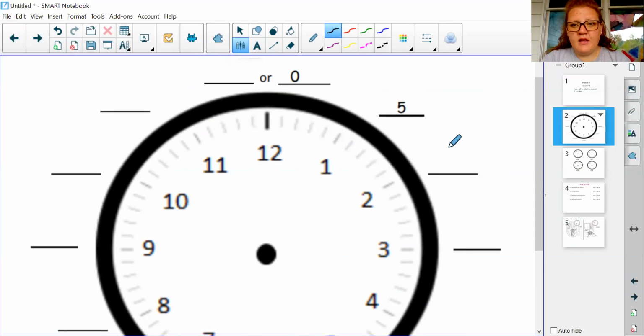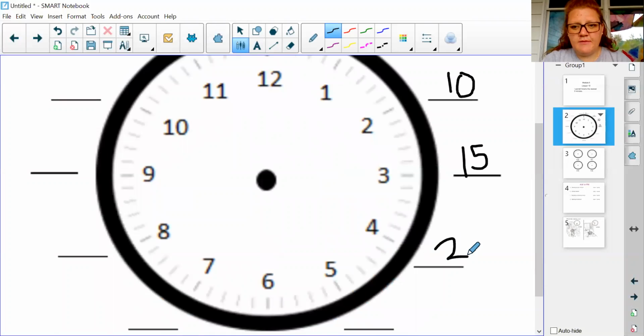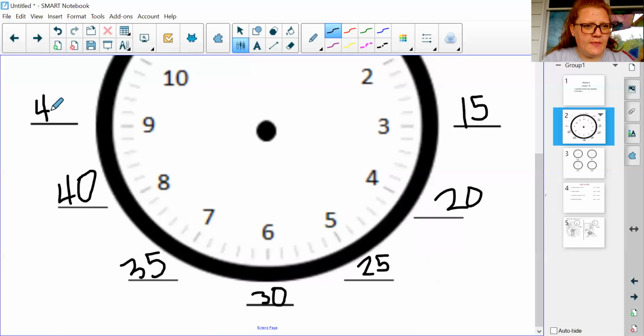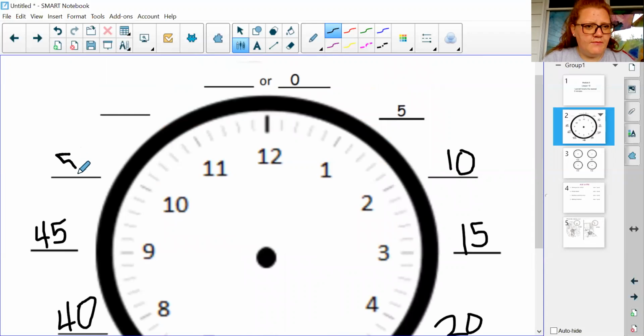So we have 5, 10, 15, 20, 25, 30, 35. So right now we're at the 7, and that stands for 35 minutes. 40, 45, 50, 55.